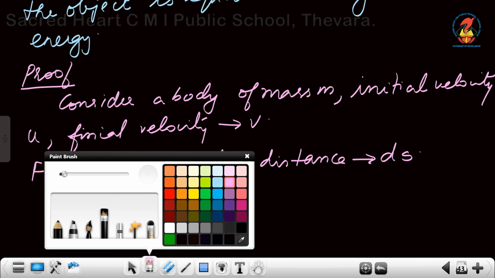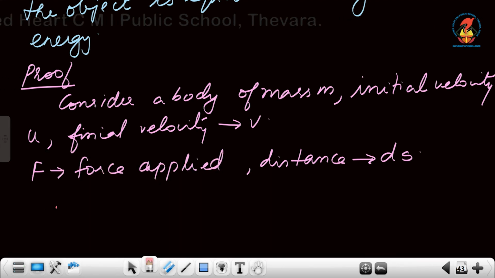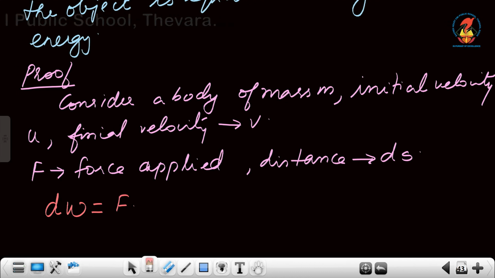So the amount of work done by the force, dW, is equal to F dot ds, which is equal to F ds, since we are taking F and ds along the same direction.